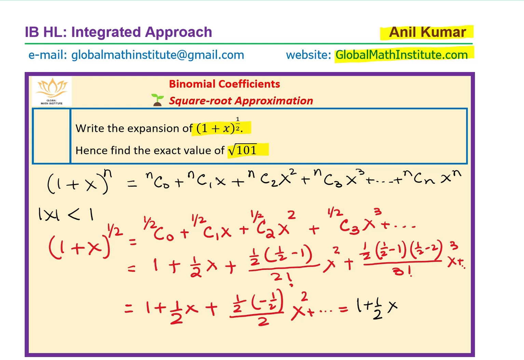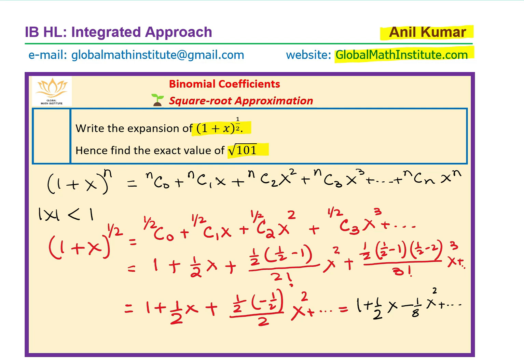Now it becomes negative because it is half times minus half, and 2 factorial was 2. So we get 1 over 8 x squared, plus other terms. So (1 plus x) to the power of half is basically an expansion with first three terms as 1 plus half x minus 1 by 8 x squared. So we got the expansion here.